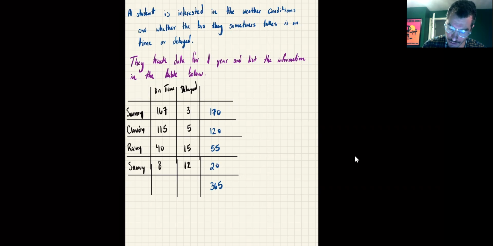Meanwhile, there were 35 days where the bus was delayed, and 330 days where the bus was on time. Again, this is about whether weather conditions have any impact on whether or not the bus the student takes is delayed.